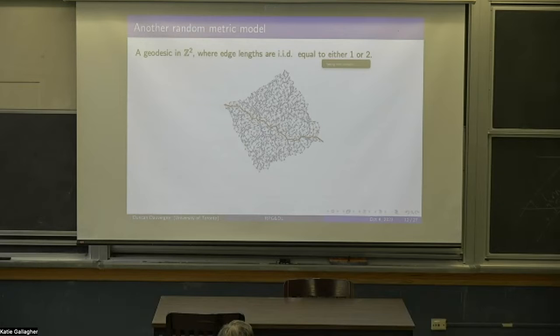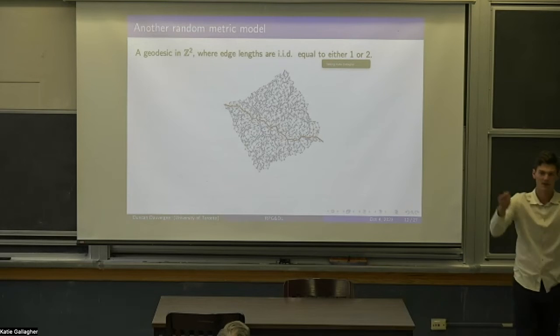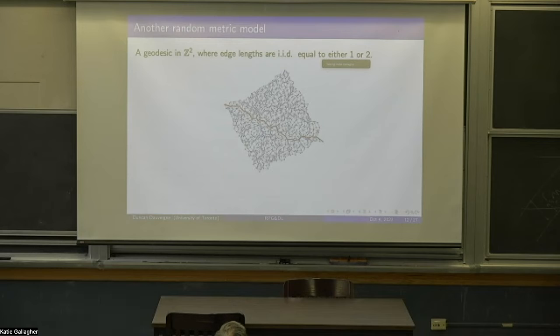Just to give another example, here's a random metric model which looks a little bit different. This is a true random metric model, unlike this Poisson model. I expect it to have the same limit. So you could just take Z2 and do something very simple: I flip a coin on every edge in Z2. If that coin lands heads, I say that edge has length 1.